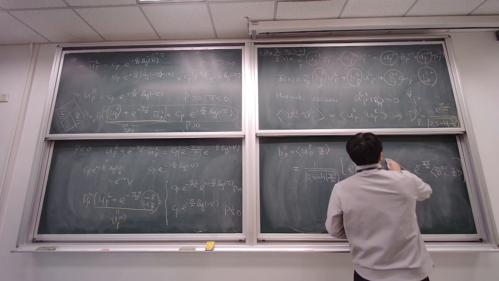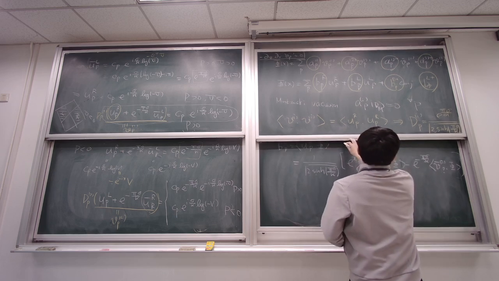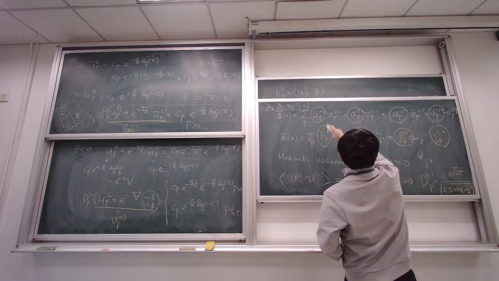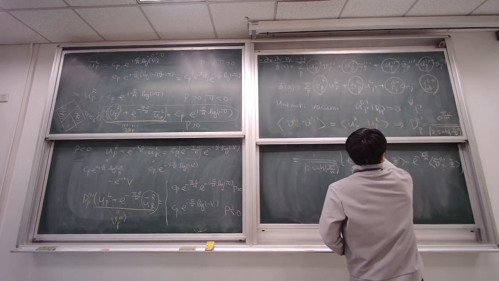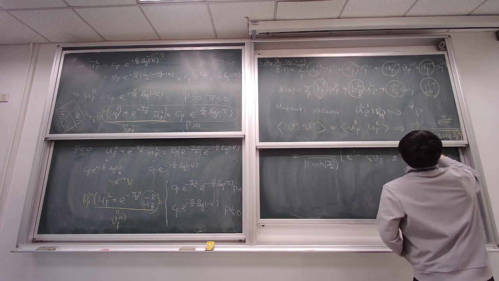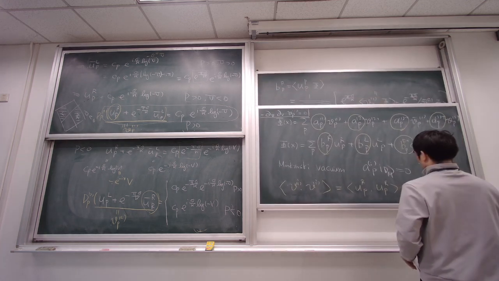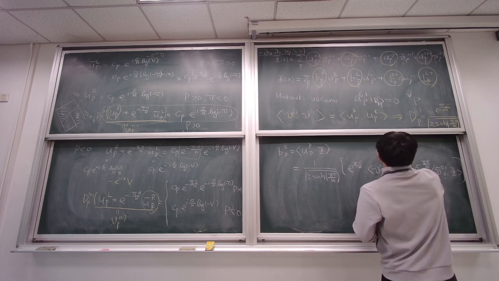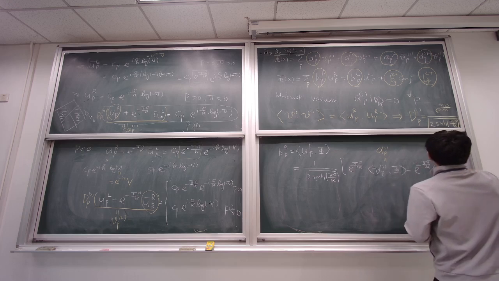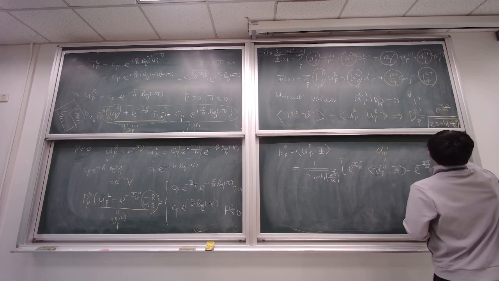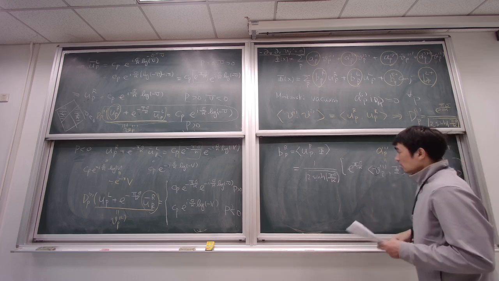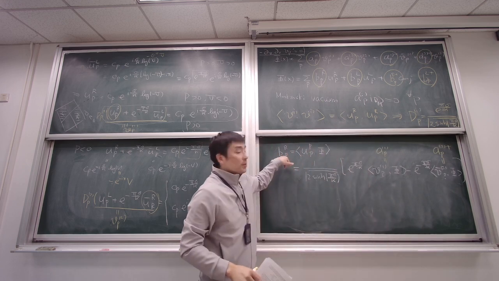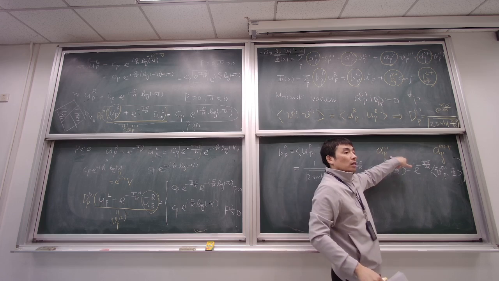Of course, this will pick this guy, and then this will pick this guy. So therefore, this is equal to A_P of 1, and this is equal to A_P of 2 dagger. Okay, so this will give you a relation between B and A.